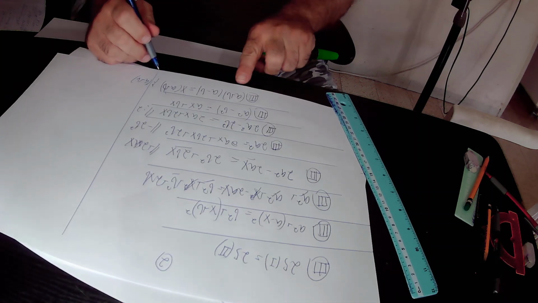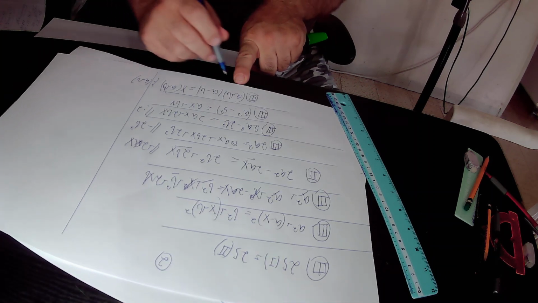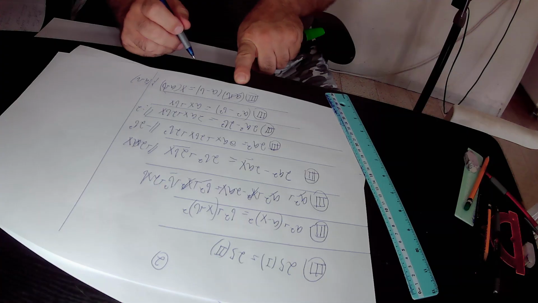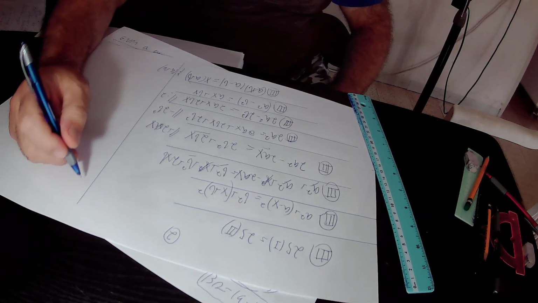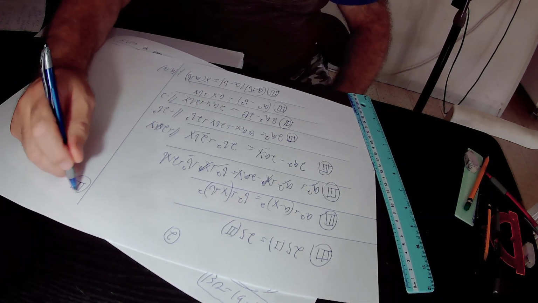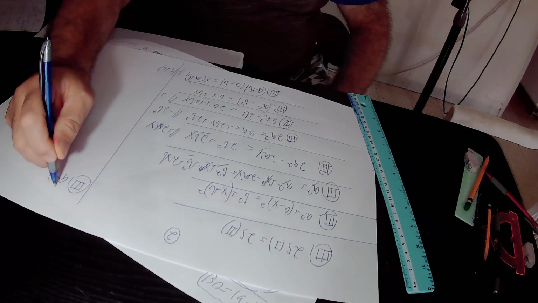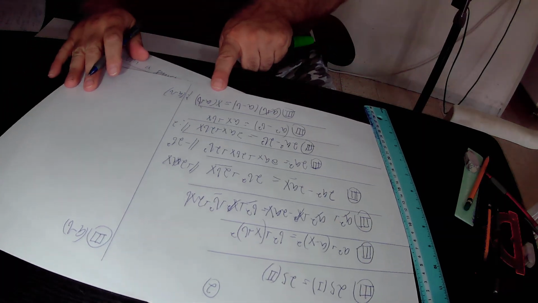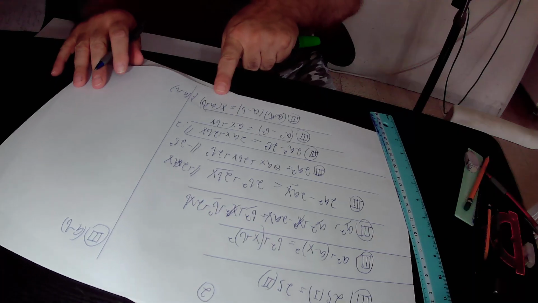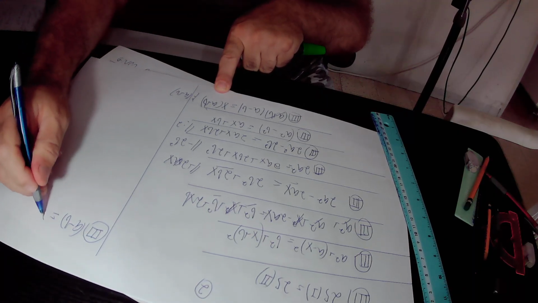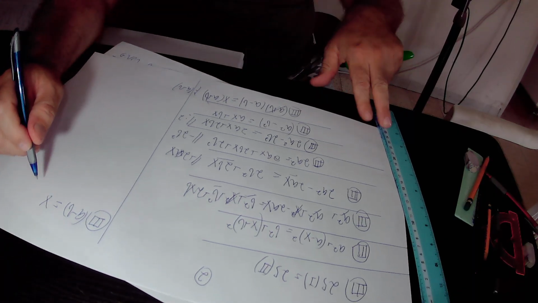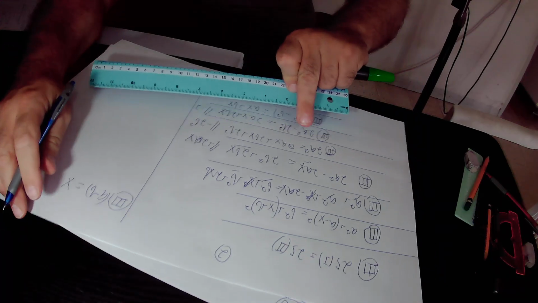So on this side of the equation, a plus b will get cancelled, and we are left only with a minus b. On this side of the equation, a plus b also will get cancelled, and we are left only with x. So in total, according to equation 3, we have found out that a minus b equals x.